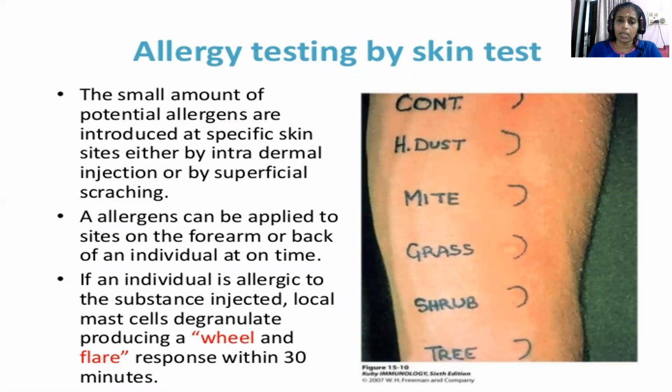So here we can see certain tests which we generally do to find out whether an allergic reaction is there or not. Suppose we have dust allergy, sometimes mite allergy. We don't know what sort of allergy. Sometimes we get itching very frequently.